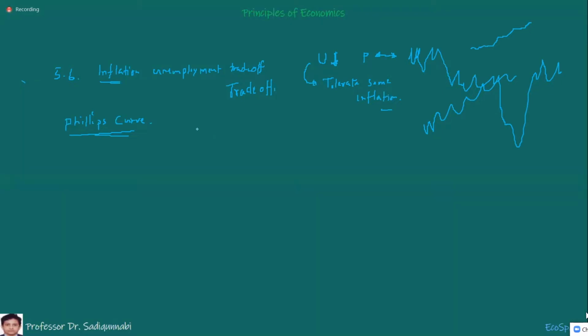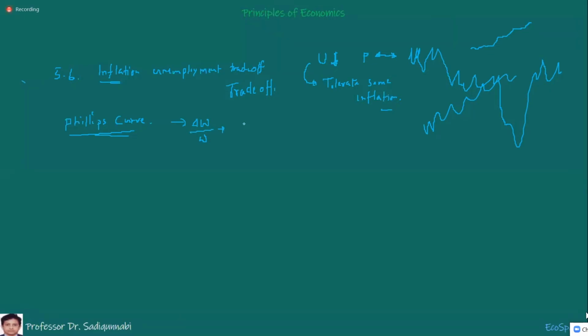He collected data on wage inflation, that means percentage change in wage, DW by W.